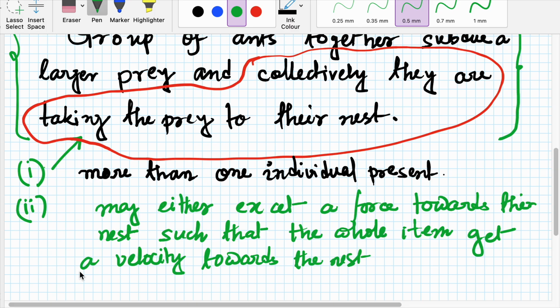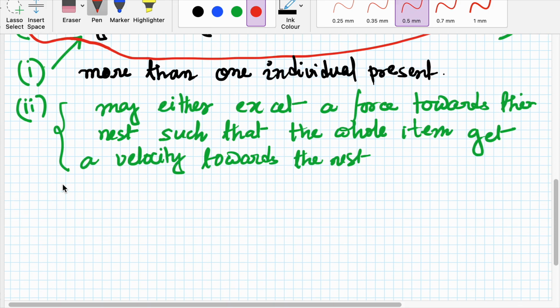So they may either all pull, or a larger number of them pull or push, or exert a force in a coordinated manner, but not in a random manner. They have to push or pull the prey item toward the nest. That is one action, exerting force toward the nest, and another action will be random.